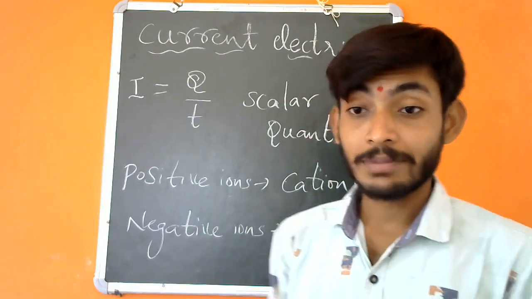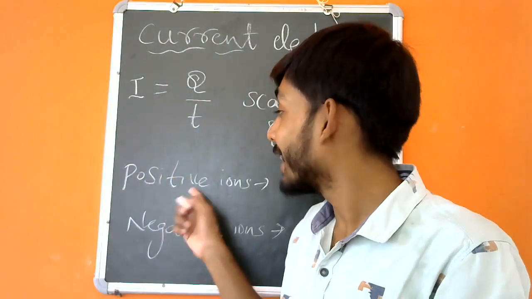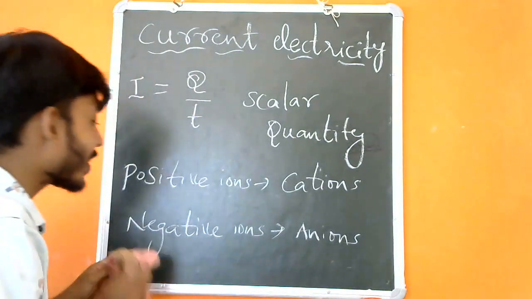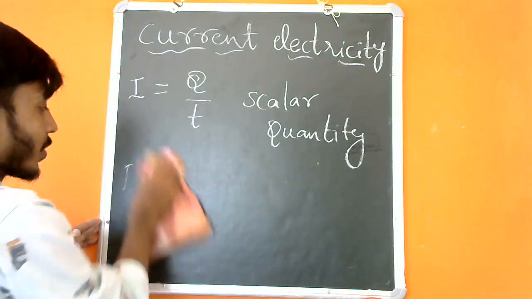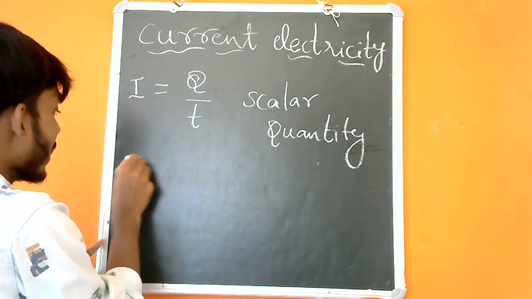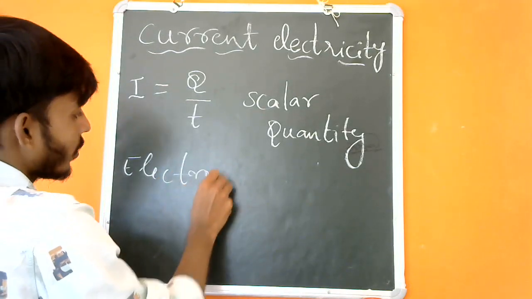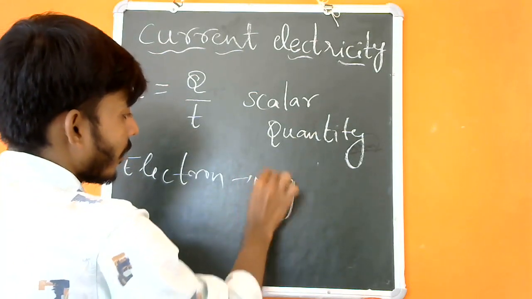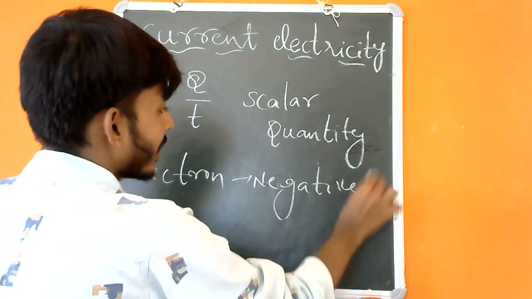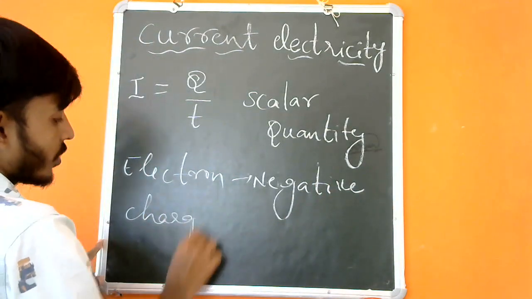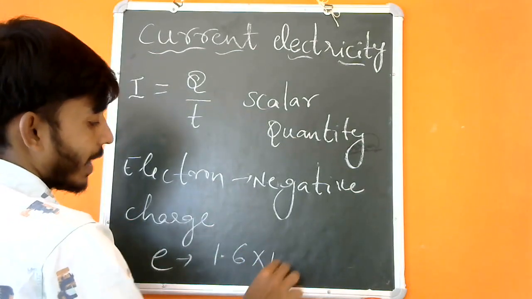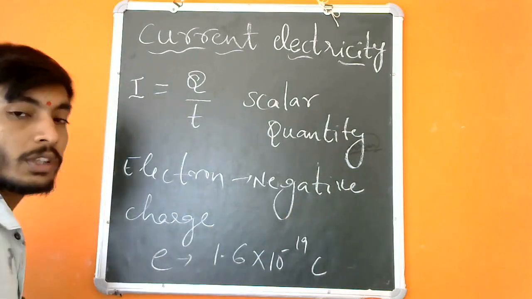Correct? And in metals or conductors, current is due to the movement of electrons. An electron carries the charge, and the electron is negative in charge. The charge of the electron is 1.6 into 10 power minus 19 coulomb.